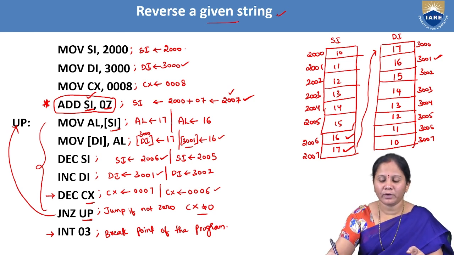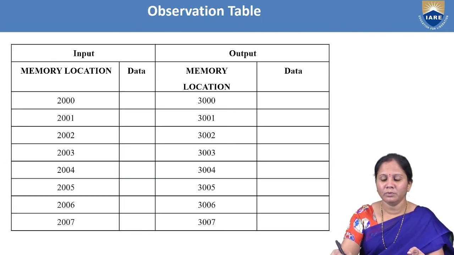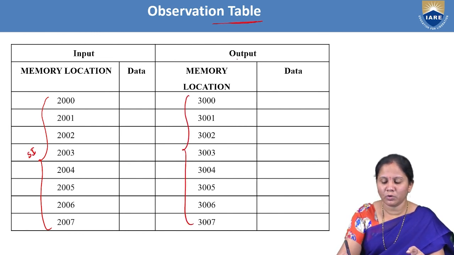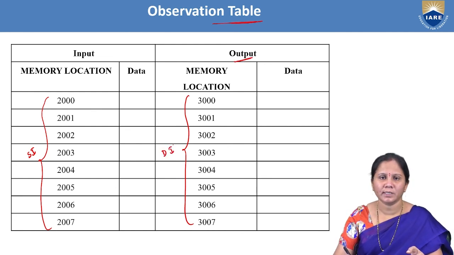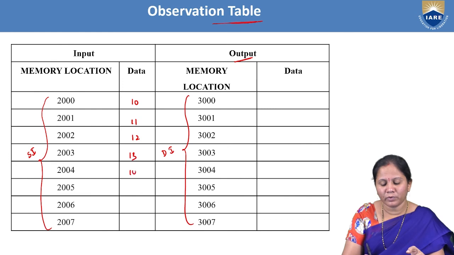So this is how we have to write an assembly language program to reverse a given string. In order to maintain the observation table for this, all these are the memory locations related to SI, and all these are the memory locations where you are going to see the output. To see the output, we have initialized the DX register. The inputs we have considered are 10, 11, 12, 13, 14, 15, 16 and 17.